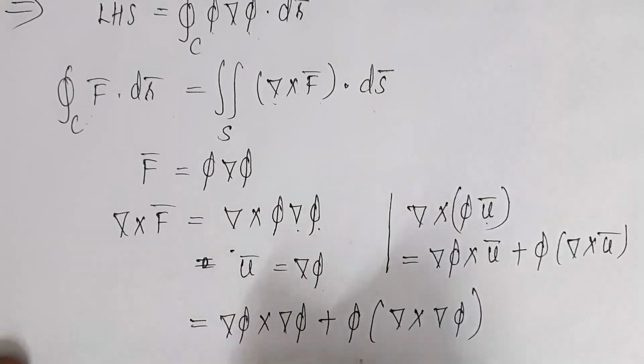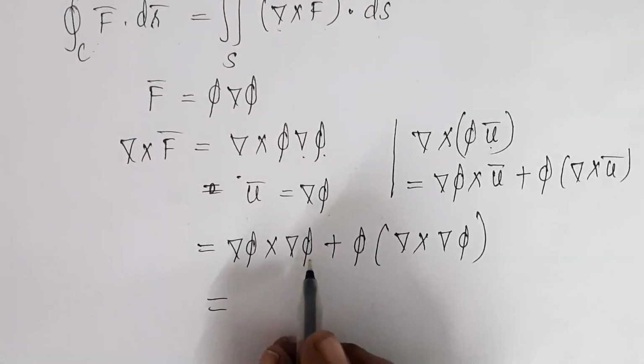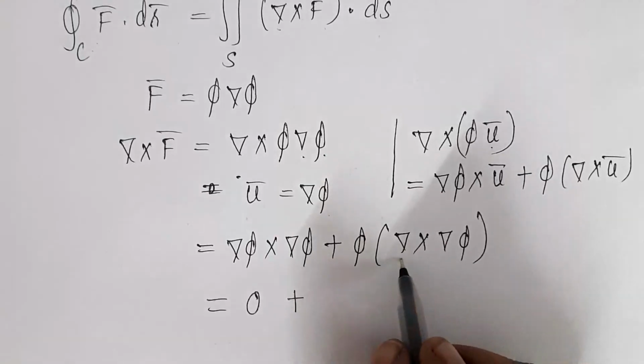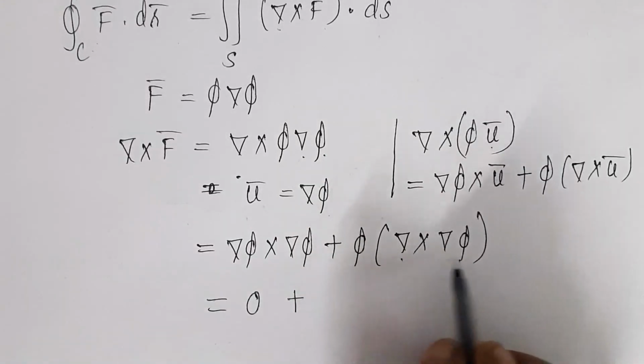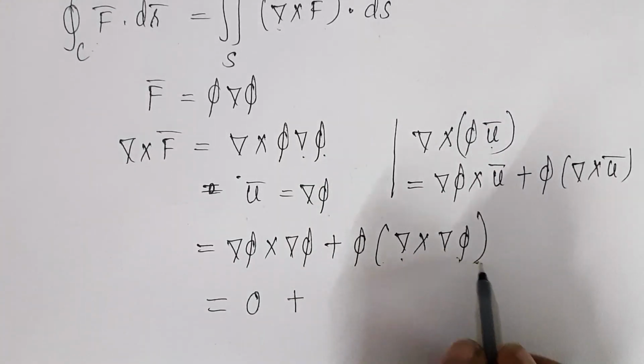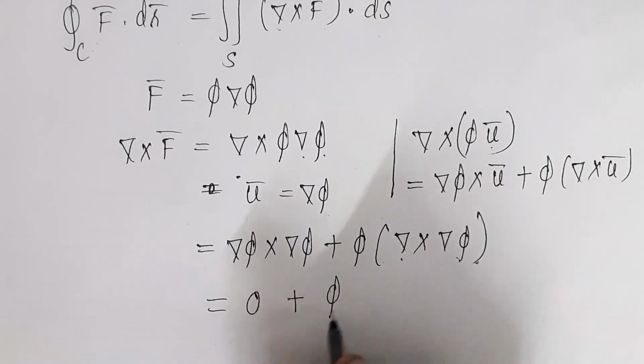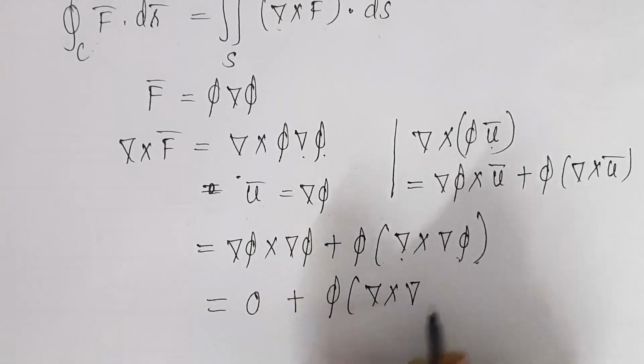Del phi cross del phi: if two vectors are identical, then the cross product is 0. Now we find out phi into del cross del phi.